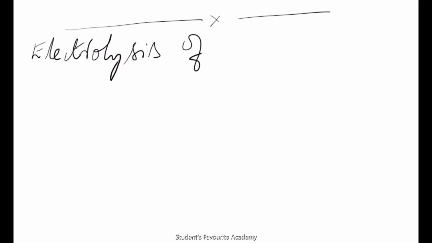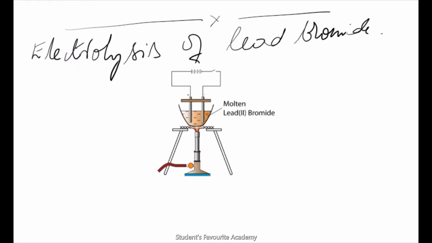Then the next one is electrolysis of lead bromide. Electrolysis of lead bromide. So, what is the electrolyte?